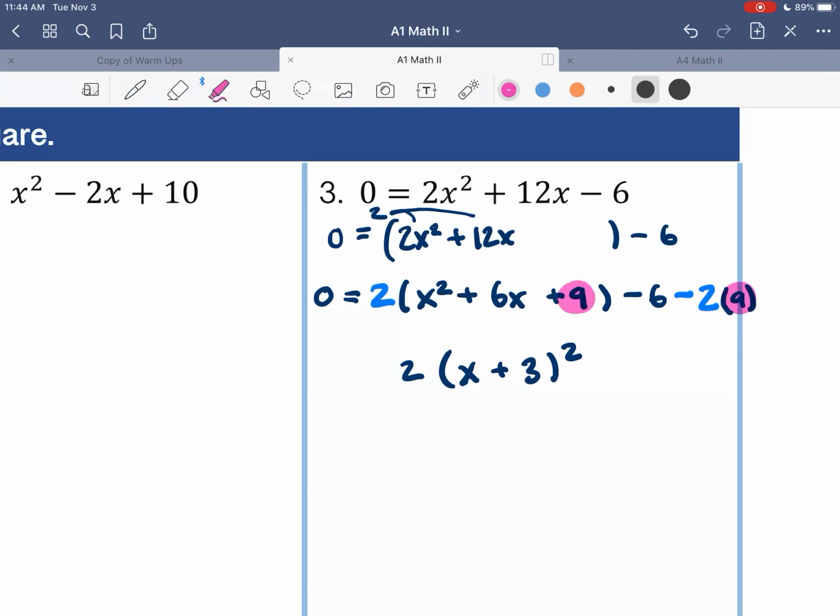Let me highlight just for the sake of consistency. 6 minus 18, 2 times 9 is 18, so 6 minus 18 is negative 6. Sorry, negative 6 minus 18 is negative 24. Equals 0. So that's vertex form.